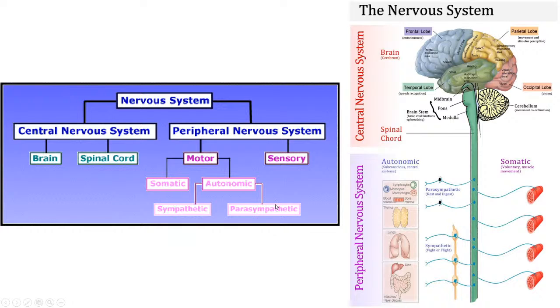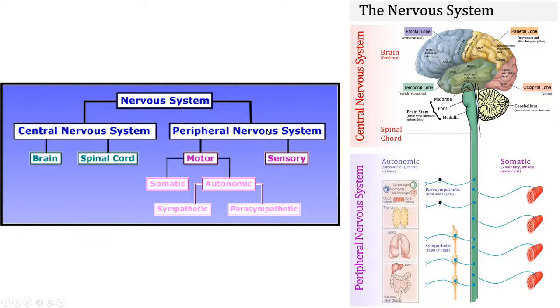All right, so the nervous system, we've already talked about this, but here's a simple chart showing that the nervous system is divided into the CNS or central nervous system and the peripheral nervous system or PNS. The central nervous system covers the brain and spinal cord.